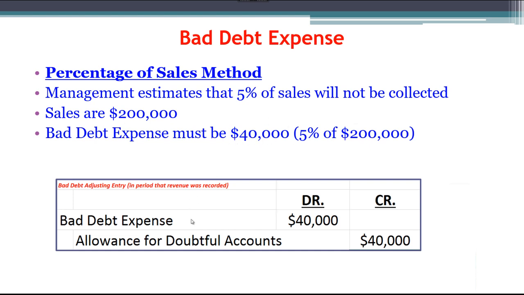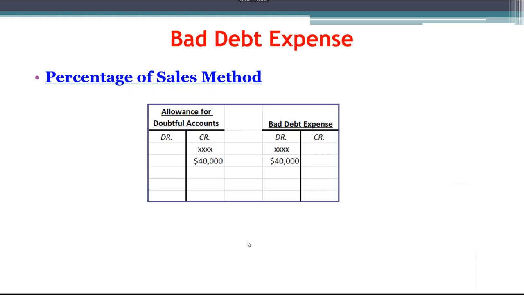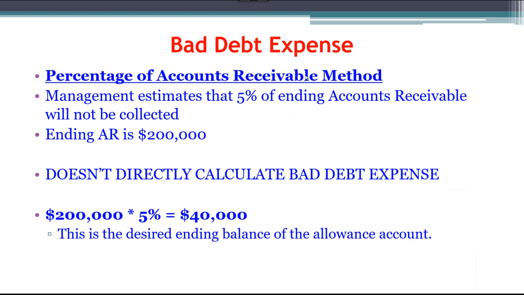We have to charge our entry for $40,000. It's a debit to bad debt expense and a credit to that allowance for doubtful accounts to put that money in the fund, to add to that allowance. So what I want to point out here is the percentage of sales method directly gets you to that journal entry. Again, the debit to bad debt expense, credit to allowance for doubtful accounts.